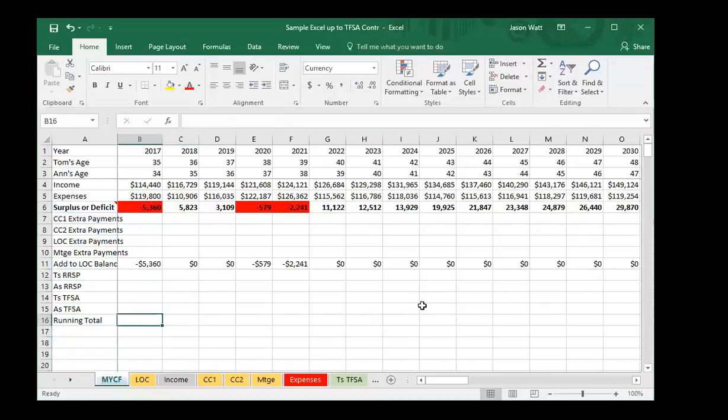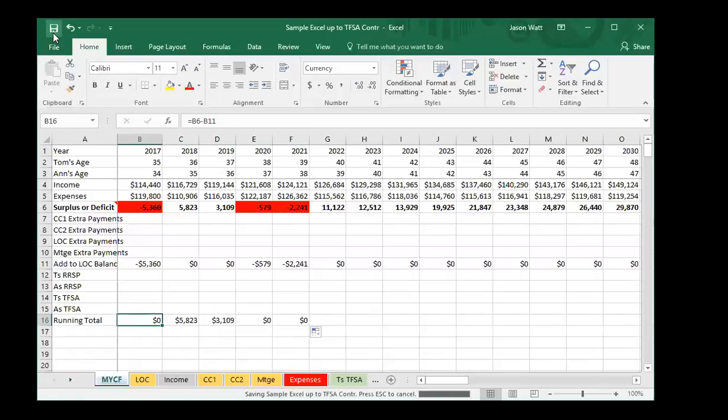So what should happen here, that 5,360, I'm going to take that amount, I'm going to subtract everything below it, and I should get a 0 here. And that's going to help me to track all this out. Now, I'll add and subtract from that formula as we work through this. We're just going to work with this first 5 years for the time being.